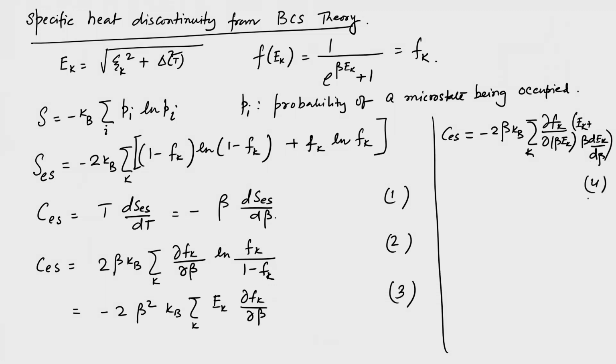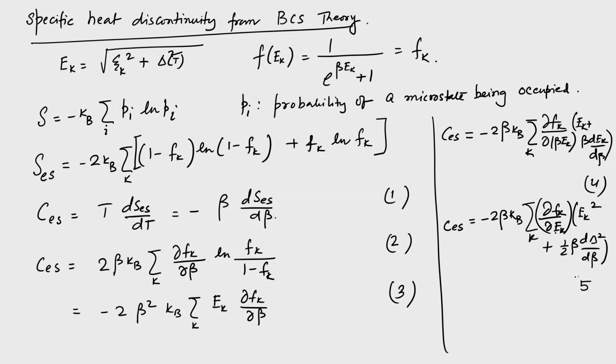Call this equation 4, and then finally, we will have another equation which is C_ES, which is equal to minus 2 beta k, and there is a sum over k of del f_k del E_k, and E_k squared plus half beta d delta squared d beta, and so on.